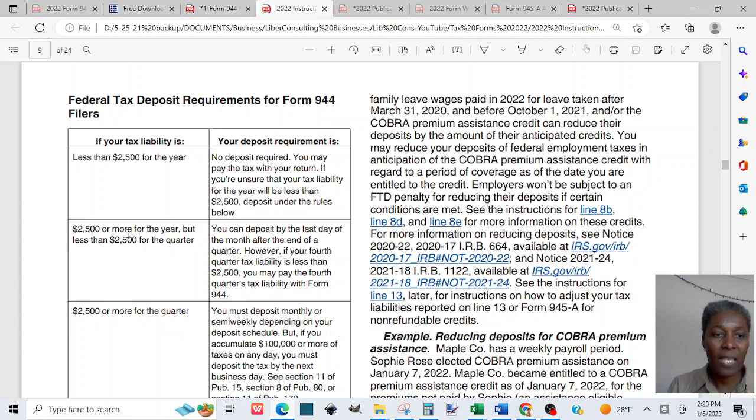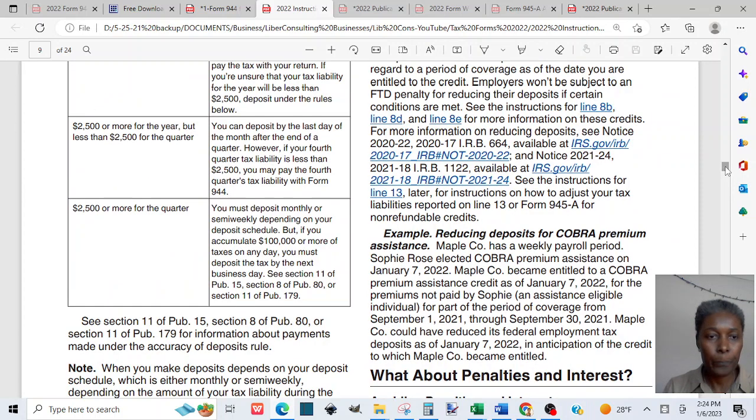If your tax liability is 2,500 or more for the year, but less than 2,500 for the quarter, you can deposit by the last day of the month after the end of the quarter. However, if your fourth quarter tax liability is less than 2,500, you may pay the fourth quarter tax liability with Form 944, and we discussed that when we were discussing Form 944-V.